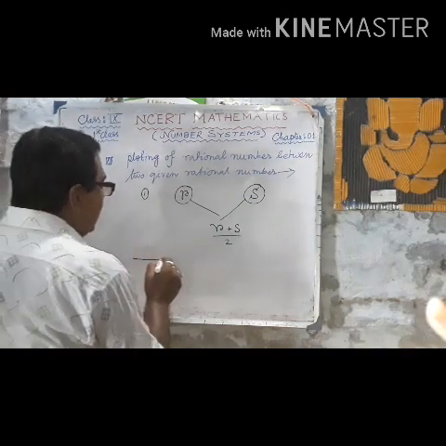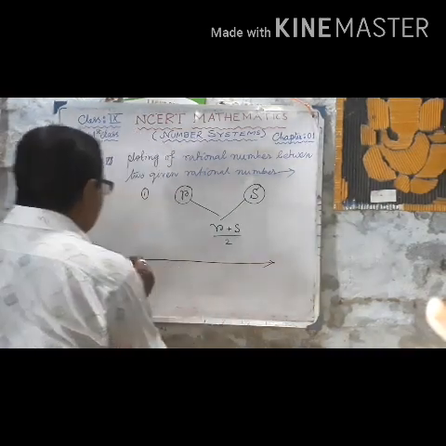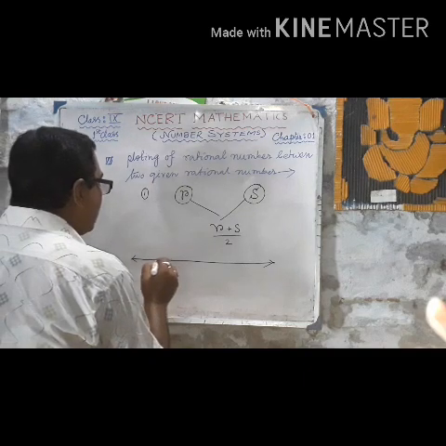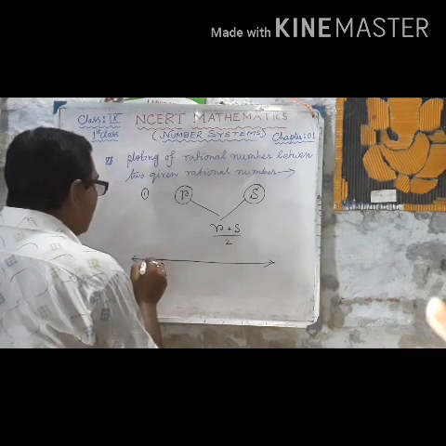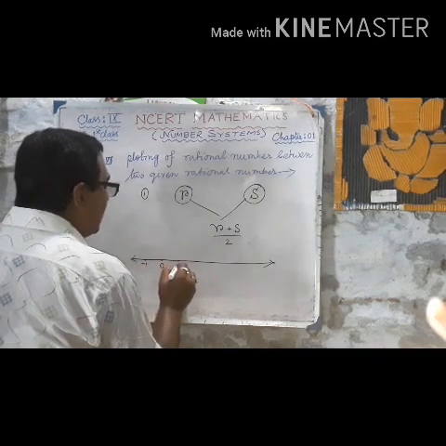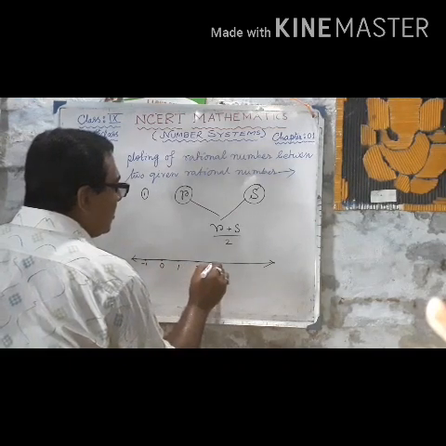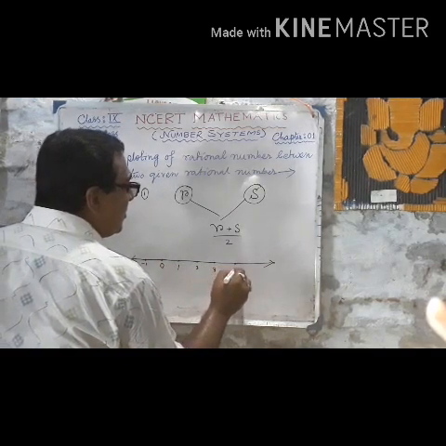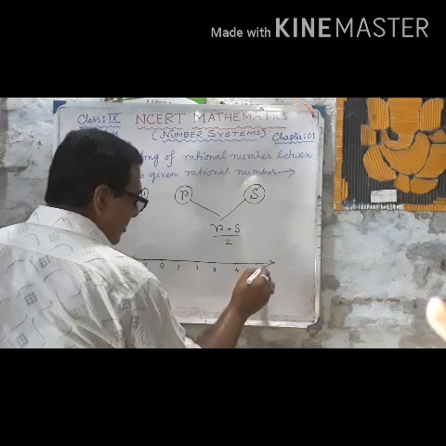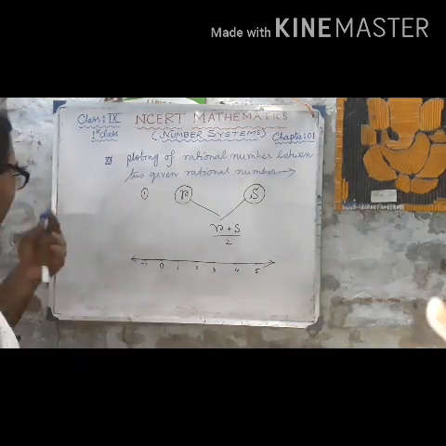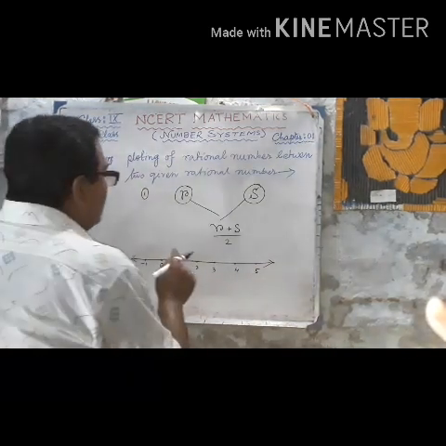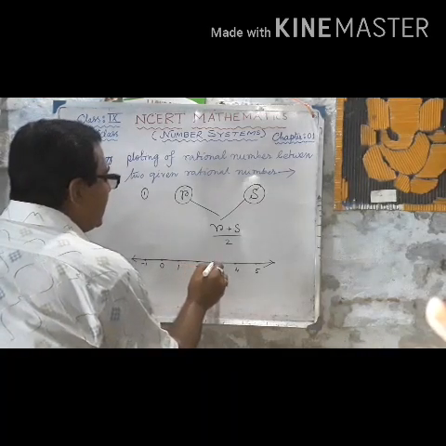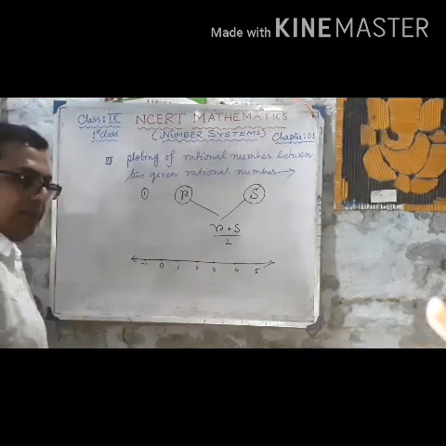If we see a number line, 2 is a rational number and 3 is a rational number.